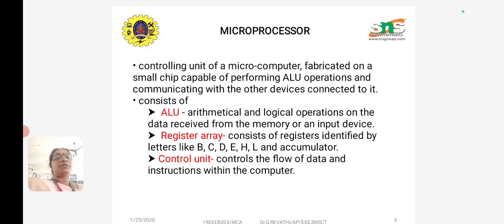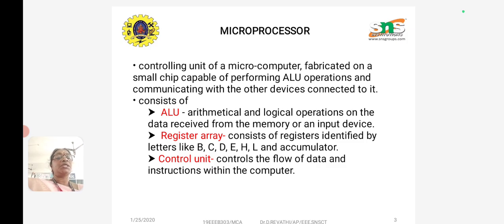Normally, a processor consists of the ALU, registers, which we also call the register array, and the control unit. What is meant by ALU? ALU performs arithmetic and logic operations on the data received from the memory or an input device. Arithmetic means addition, subtraction, multiplication, and division.